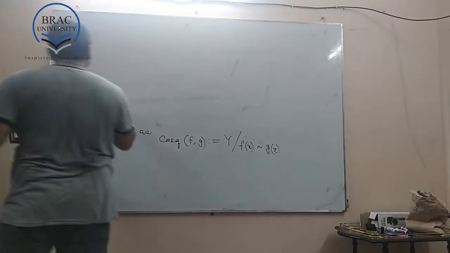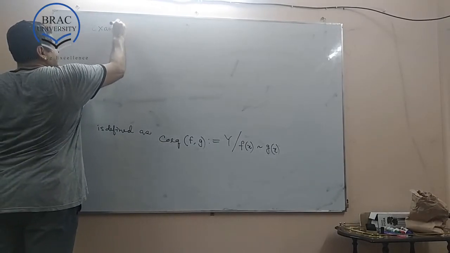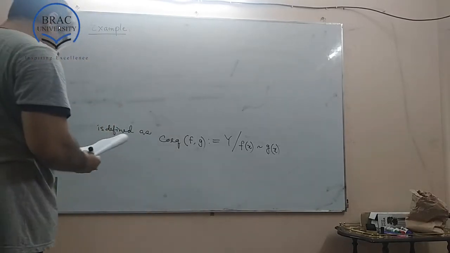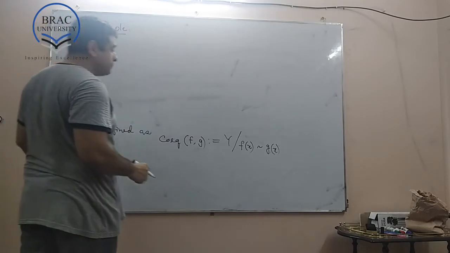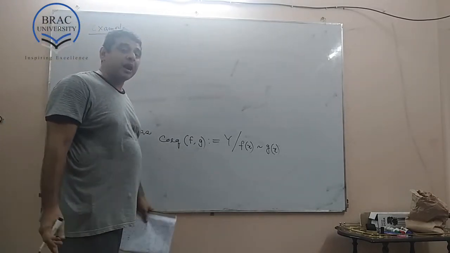Example. Consider the following two parallel arrows from R to itself.